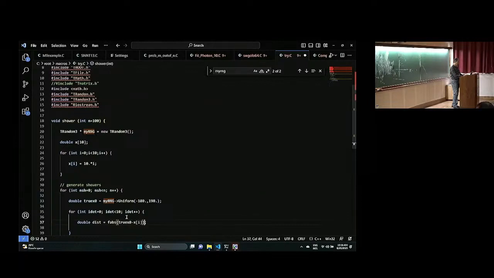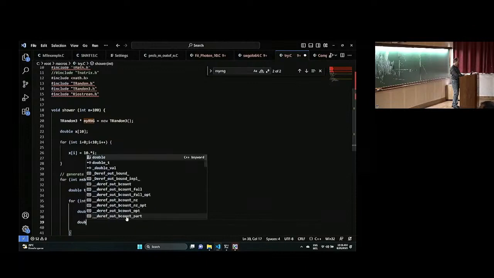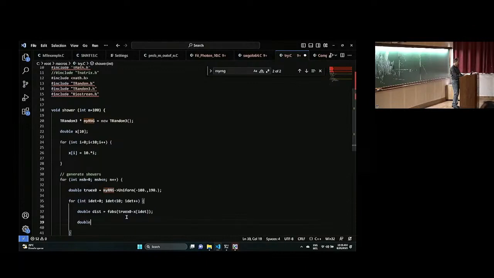Right? So we now have the distance of this detector from the shower center. Now we find the mean number of particles expected at that detector.